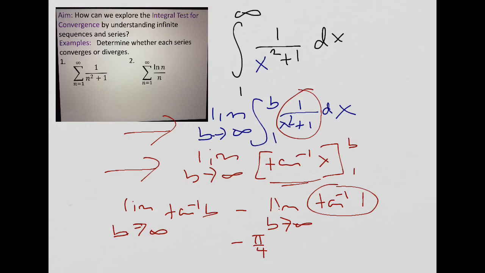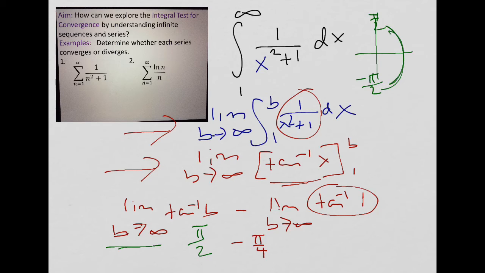So as b approaches infinity, the highest value we have for the inverse tan of b is going to be pi over 2. Okay? So just remember this.